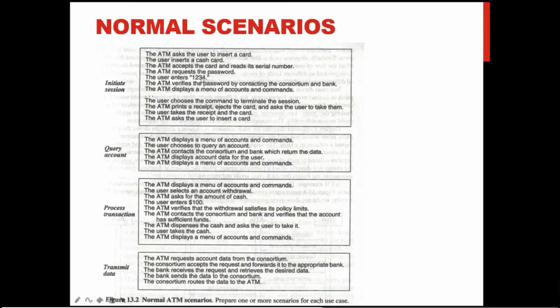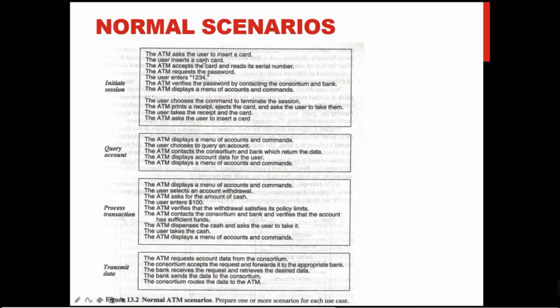Okay, this is an example of normal scenarios. For example, for the initiate session use case, in the use case diagram for the ATM, this is a normal scenario to illustrate the general behavior of this use case. The scenario is a list of interactions.